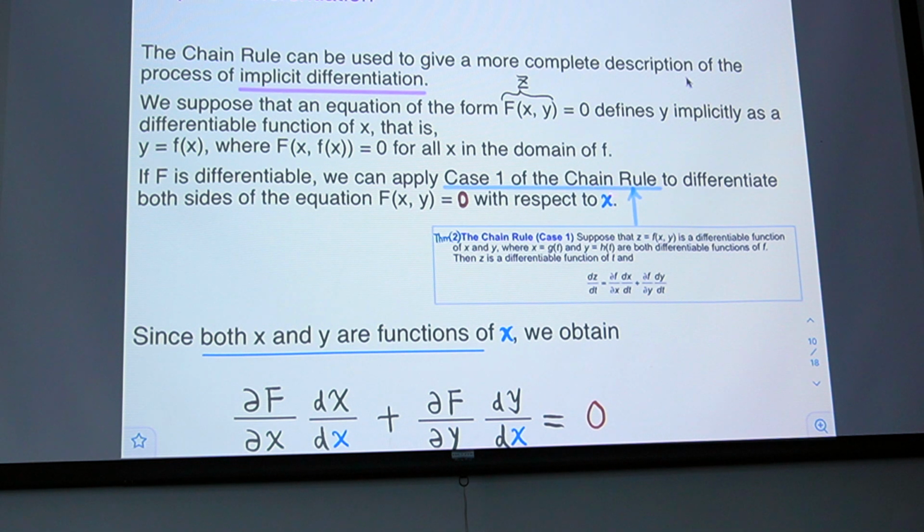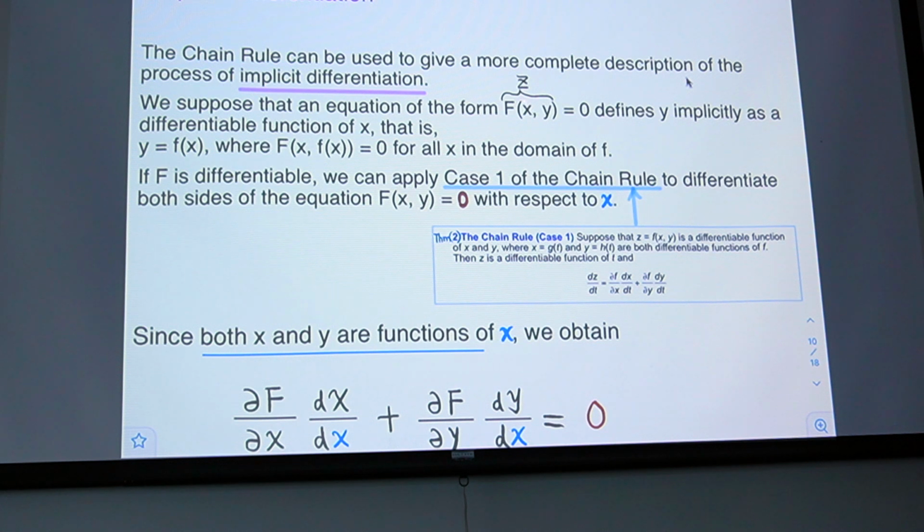Now if we put it this way, then this and this are functions of one variable, right? This is a function of x itself. This is a function of x. So x and y are functions of one variable, and instead of t, it is x itself.